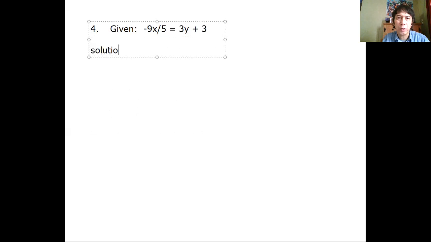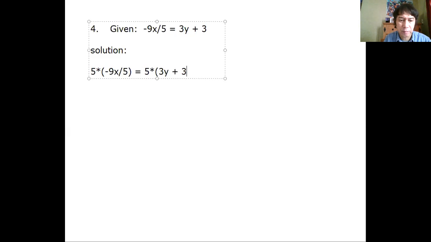So solution. The way to do this is multiply both sides by the number 5. So we'll get rid of the fraction. So we start with 5 times the quantity negative 9x over 5. And the right side, we also do that. 5 times the quantity 3y plus 3.